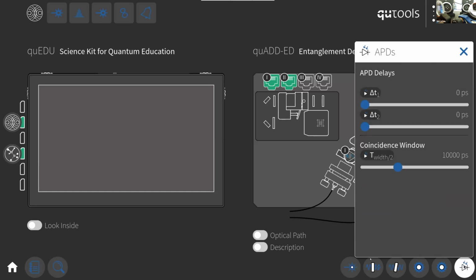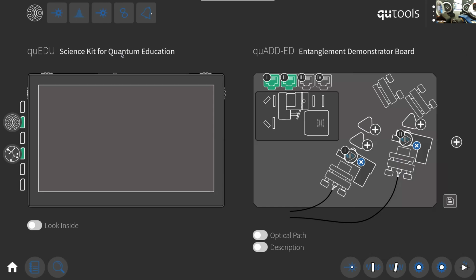And I can go through here to control everything freely as I want to. And I can go through the menu buttons on the top, through the experiments, in order to use the guided mode and let us be led through the different experiments in order to get everything to work.